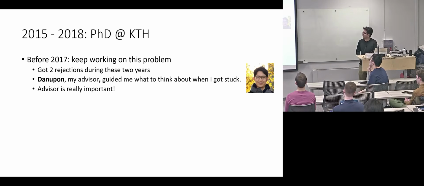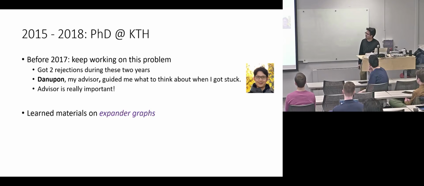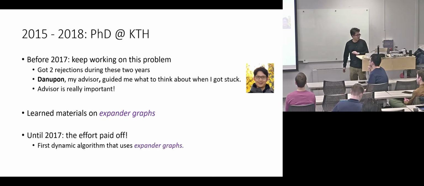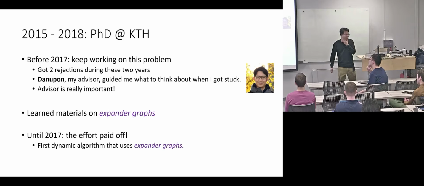Anyway, we got stuck for some time, tried many approaches, but then somehow I randomly learned about this thing called expander graph. There was an online seminar about this, so I tried to learn about it, and it turns out that it is a good tool for this problem.